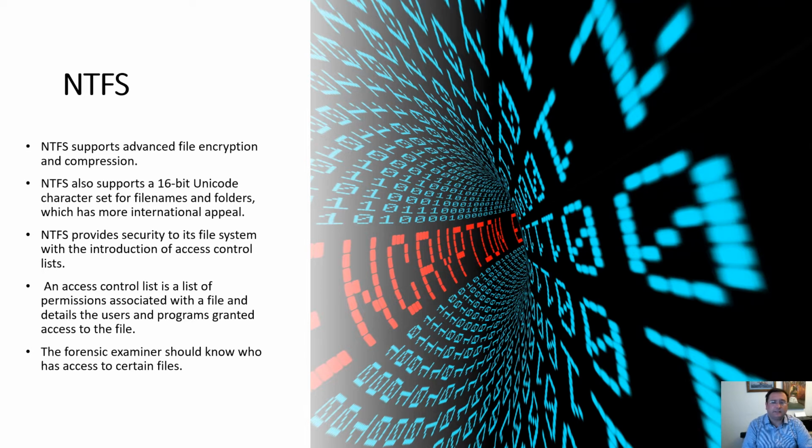We actually covered this in the cybersecurity section when we talked about permissions and access control, and this is similar to what we already discussed. The forensic examiner should know who has access to certain files through understanding the NTFS file system.